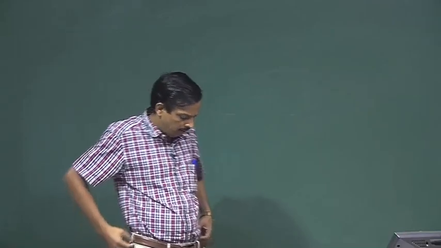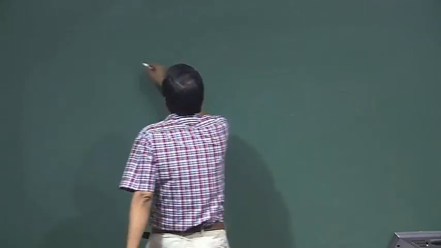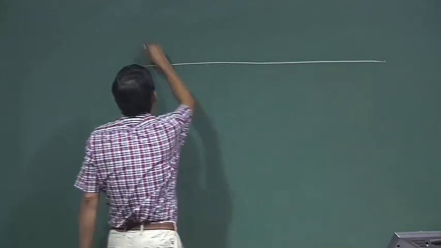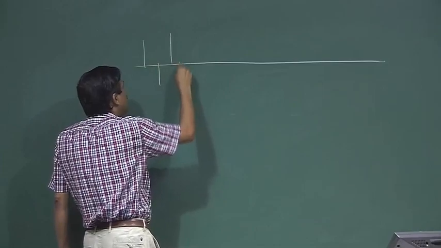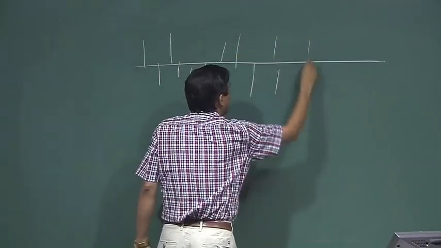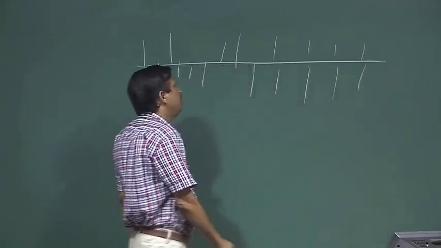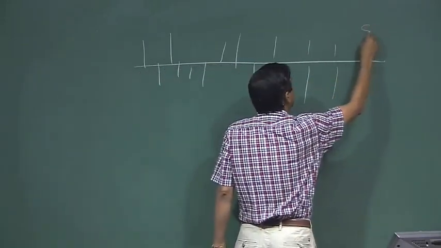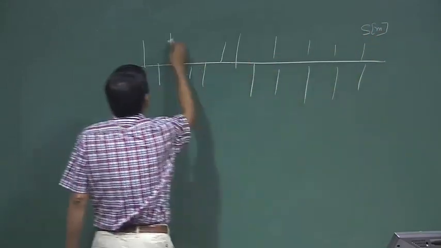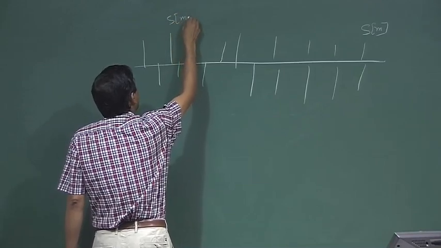How is it possible? First, I have a speech signal with a lot of samples. So, this is Sm, and this sample is Sm minus i.